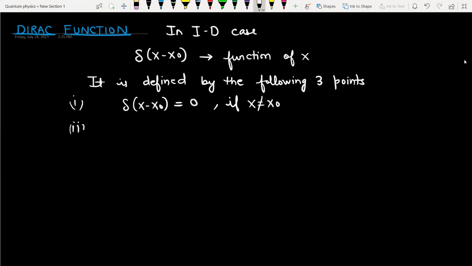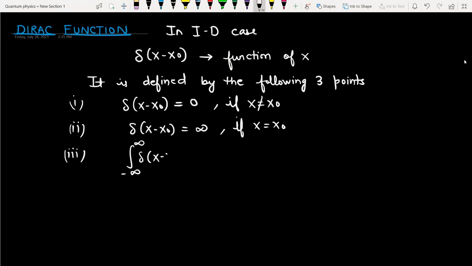Second point is that del of x minus x naught is infinity if x is equal to x naught. And third point is that if you integrate this delta function between minus infinity to plus infinity, this integral becomes 1.